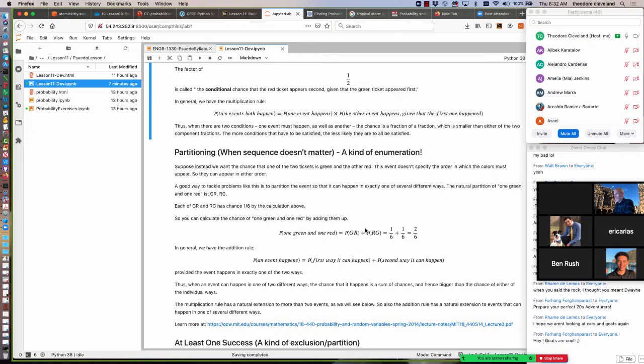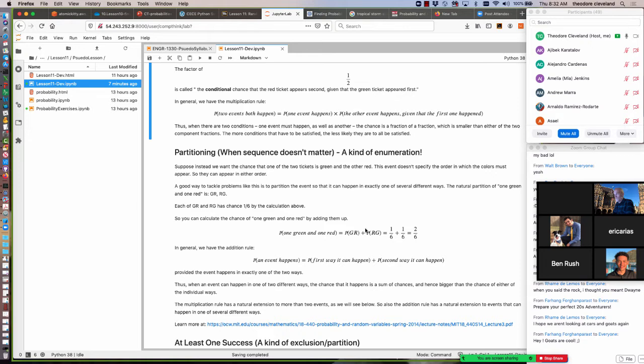The way to handle this would be to partition the event so that it can happen in exactly one of its total different ways, and then we examine the probability of those different ways. So the natural partition of one green and one red is green, red, red, green.